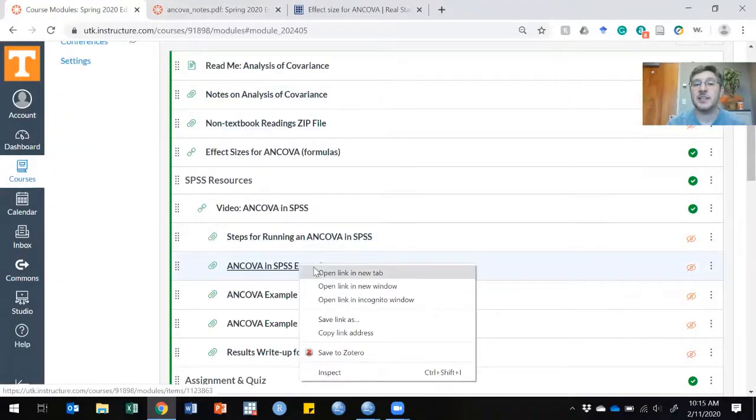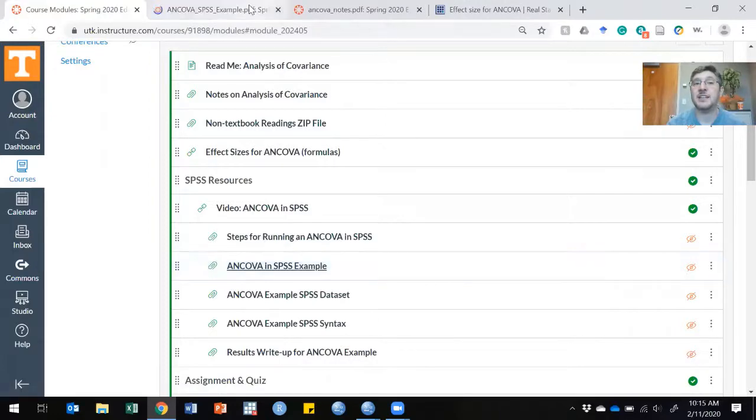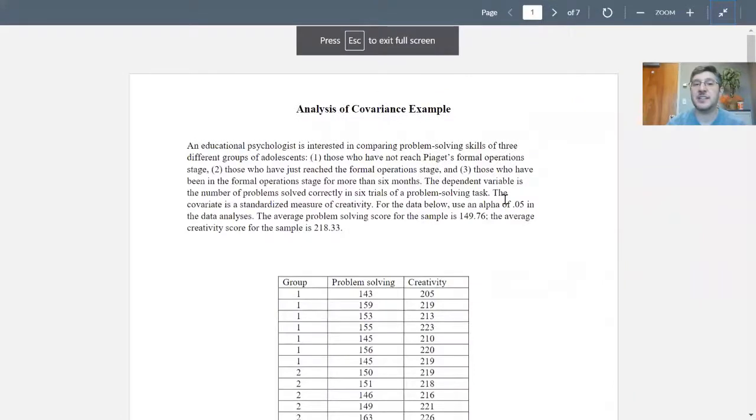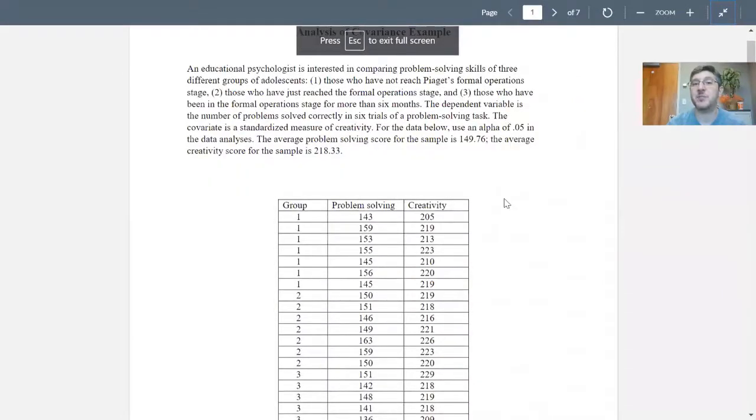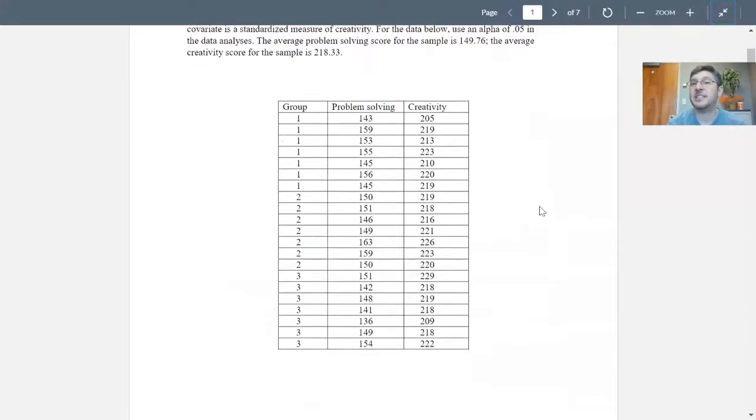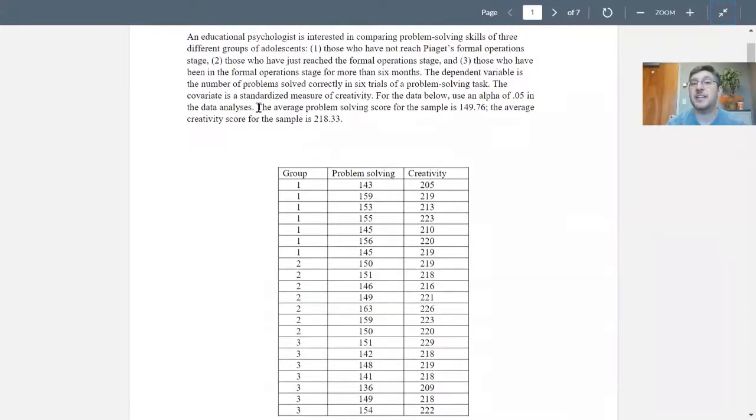Here is my annotated example in SPSS, and I go through this in the video, but you can see here's the problem. You can practice typing in the data into SPSS. I've also given you at the end of the example the average problem solving score in the sample, which is 149.76.